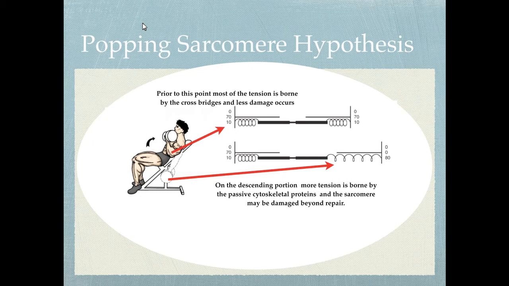However, when the muscle fiber is overstretched, you lose some of the cross bridge formation, and a lot of the tension is purely borne by the cytoskeletal proteins. So again, on the descending portion, more tension is borne by the passive cytoskeletal proteins, and the sarcomere may be damaged beyond repair.